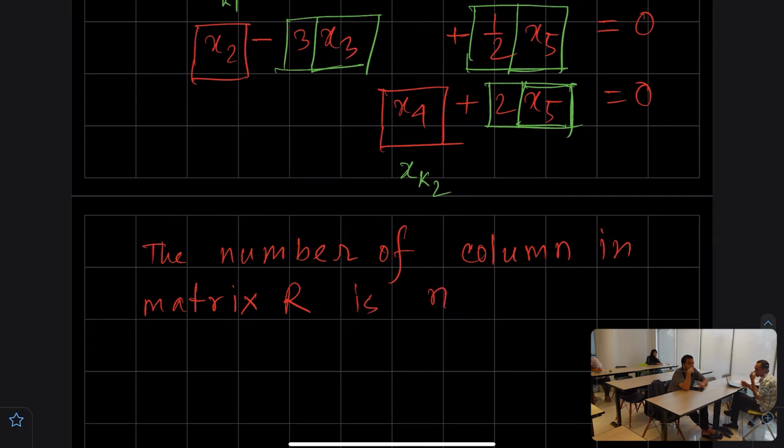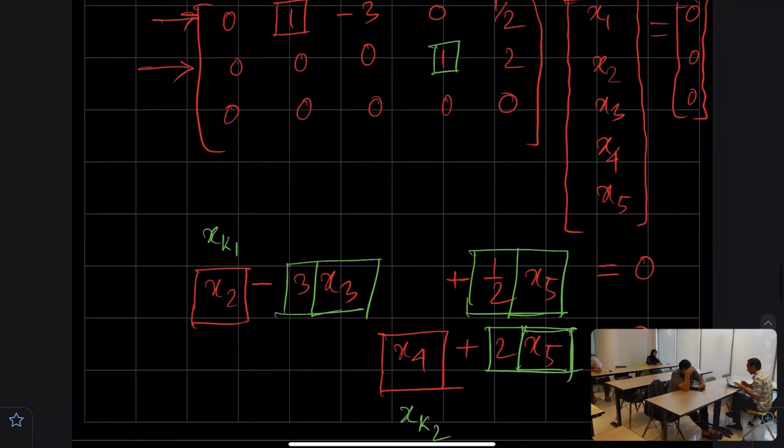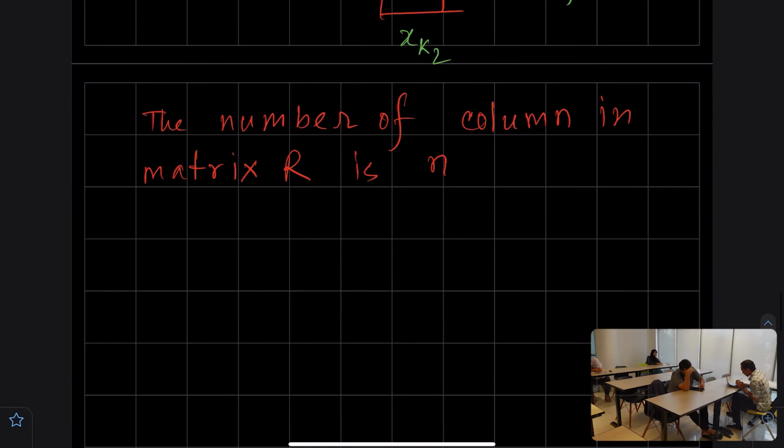Because this is an m cross n matrix. Rx equal to 0. So what is the size of this vector x here? n.